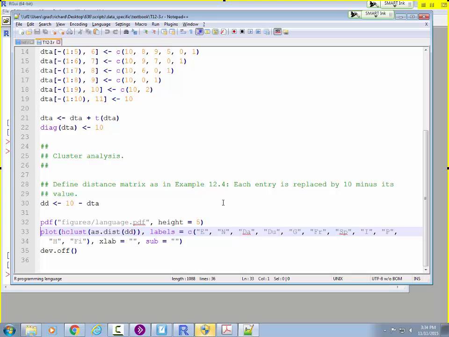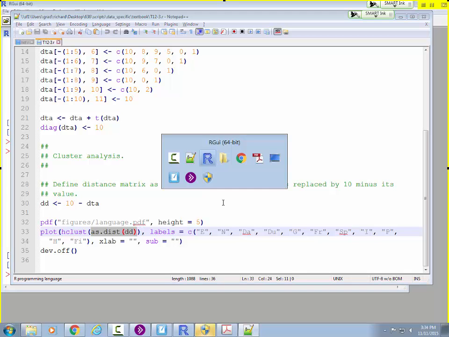So R has functions for doing lots of different types of clustering. For hierarchical clustering, there's a function called hclust. And hclust, all it really cares about is the matrix of distances. So you just need to provide it with, first and foremost, distances. So I took our matrix of numbers that we're calling distances, and I wrapped it in this function called as.dist because R has a special class for a distance matrix.